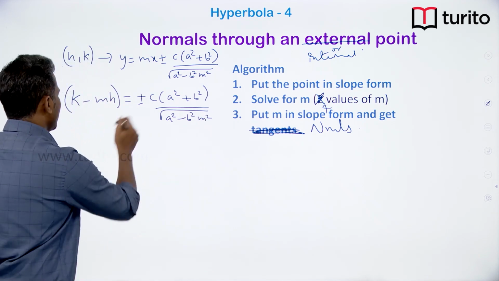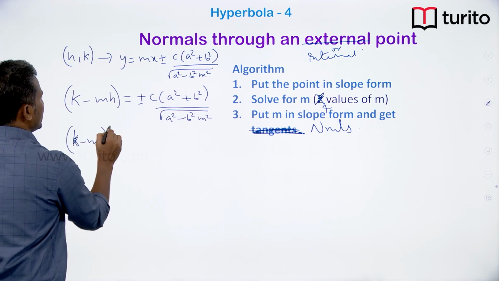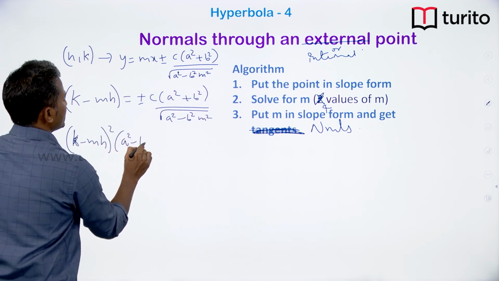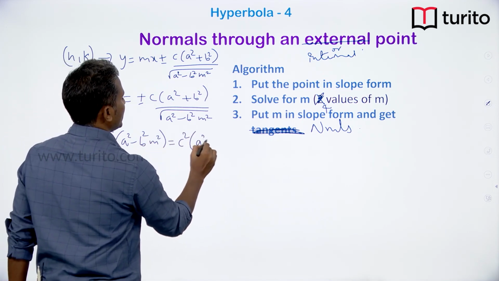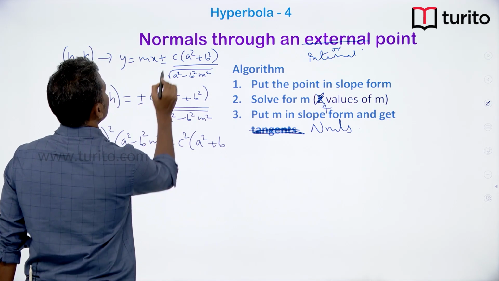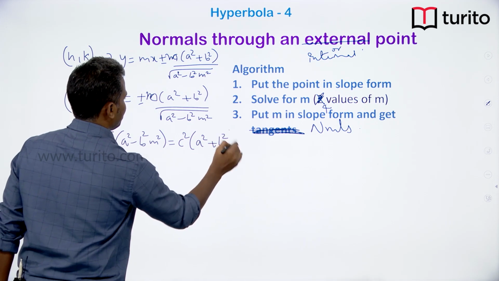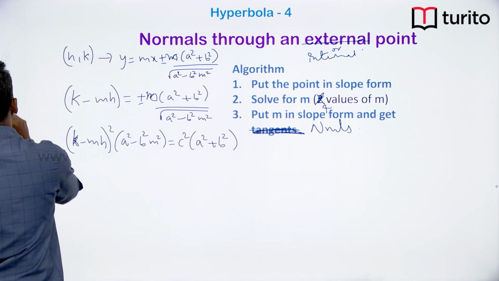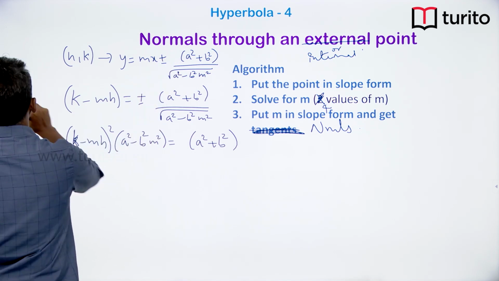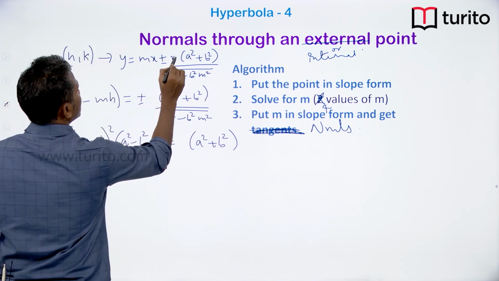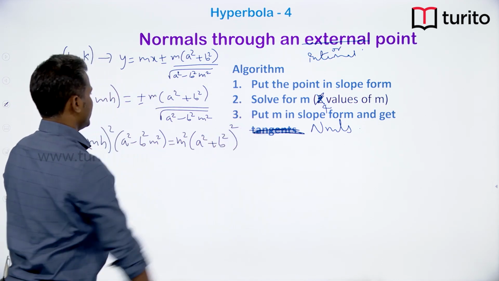Now further, when I square this up, what do I get? (k minus mh) whole square into (a square minus b square m square) is equal to m square into (a square plus b square) whole square. Sorry, here it must be m. We made a mistake here, this must be m. So here it is m, and here also it is m, here it is m square and whole square.